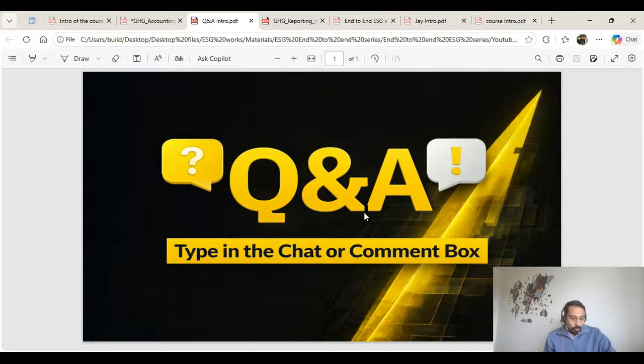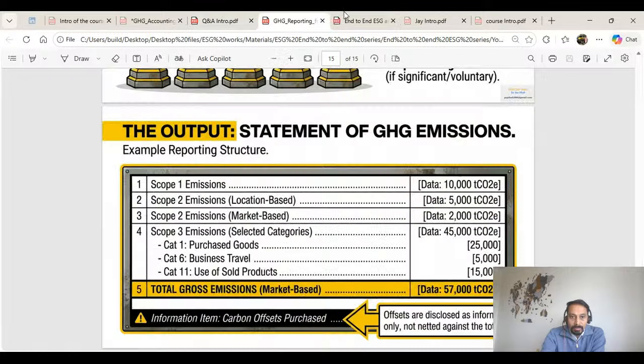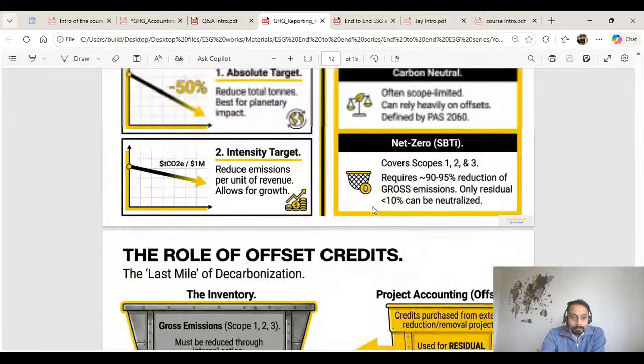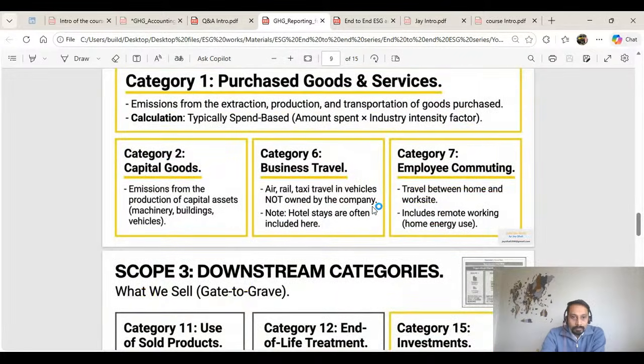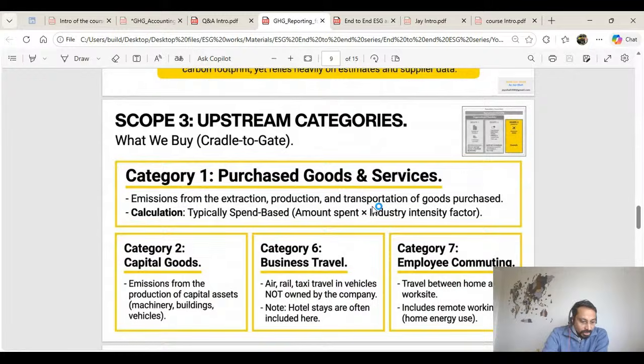I will share what category 2 in scope 3 is and why it is not in scope 1. Category 2 is important alongside scope 1, 2 emissions. In scope 3, let me share my screen. You mentioned category 2, which is capital goods: emissions from the production of various assets, such as machinery, buildings, and vehicles.